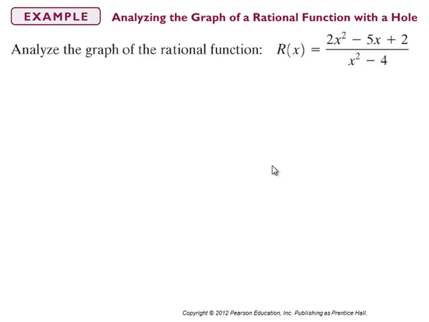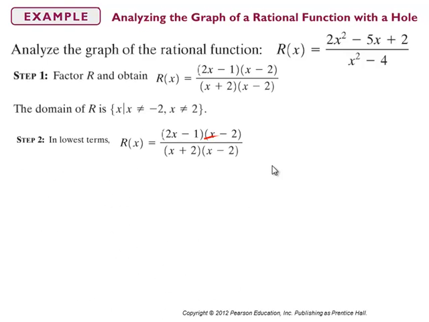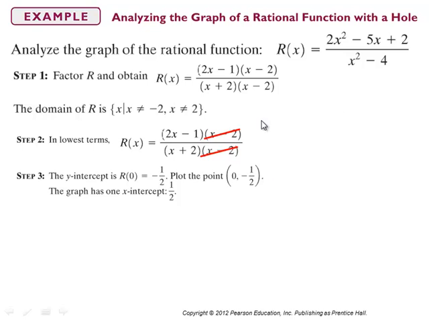And yet another example here of analyzing a rational function. Here there was that common factor of x minus 2. Now the function itself is not defined at x equals 2. But there's not going to be a vertical asymptote at x equals 2 because you can cancel those factors.